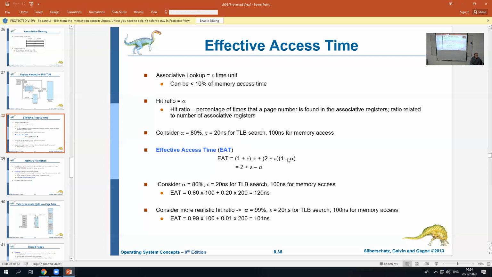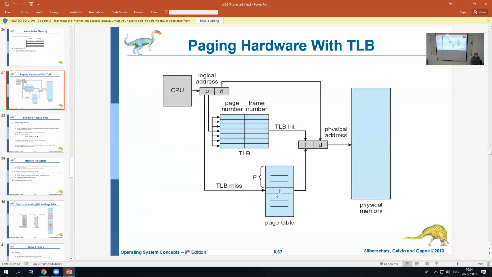Remember, alpha is 80%, so 20% of the time I have to do 2 memory reads. I have to read from this table, which is memory, and then read from the actual physical memory. If I have a hit, I have 1 read from here and 1 read from here. If I have a miss, I have a read from here and a read from here. That's 2 plus the TLB.